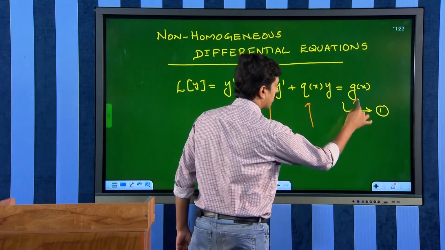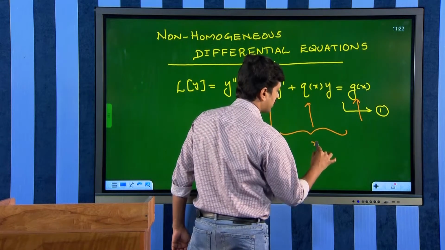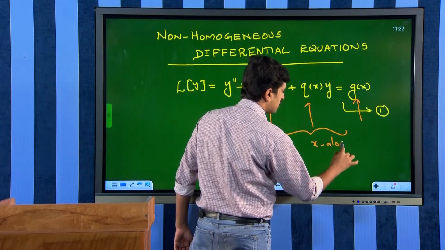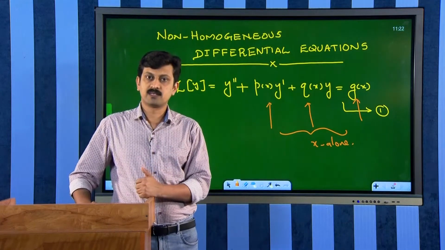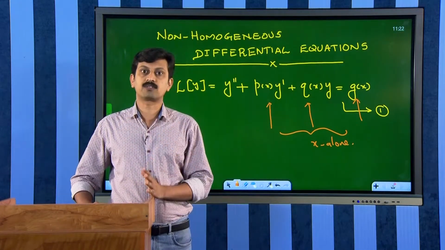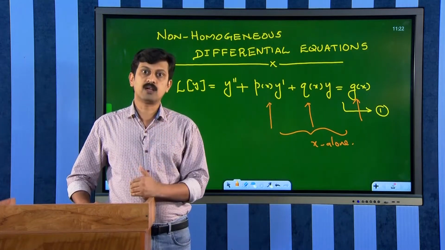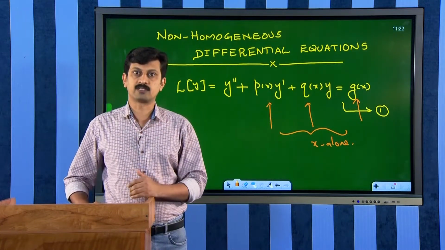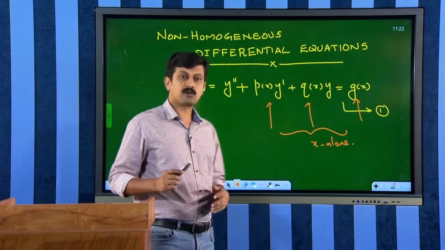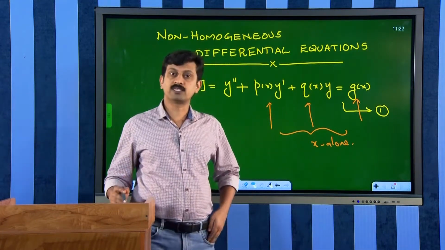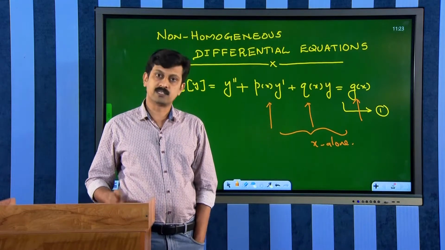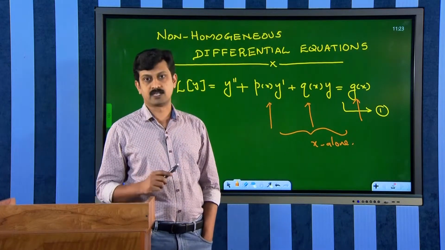This is a non-homogeneous differential equation. We already discussed the solutions of the homogeneous linear differential equation, and our task is how to solve the non-homogeneous linear differential equation, which we will discuss in the upcoming sessions.